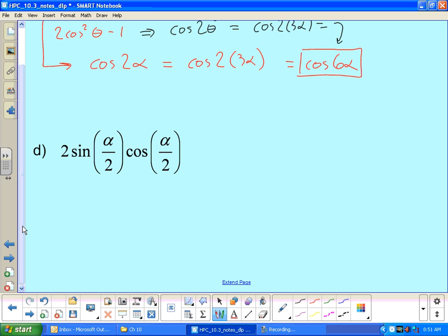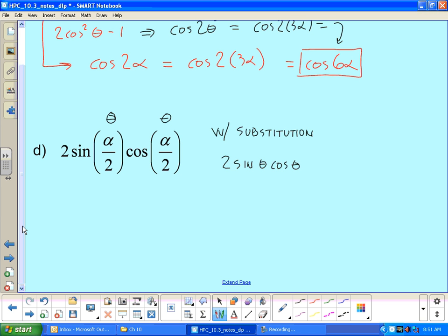Recognize that one as a double angle sine. So we can take a look at sine of 2 again. Think of this as an angle theta. So if we do some substitution, we can say that this is 2 sine theta cosine theta.